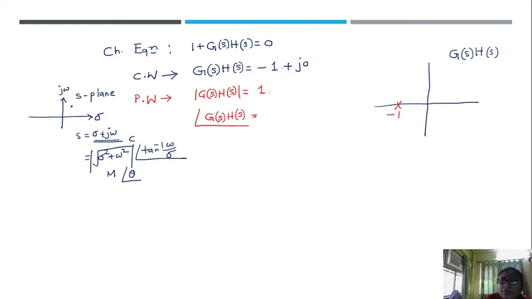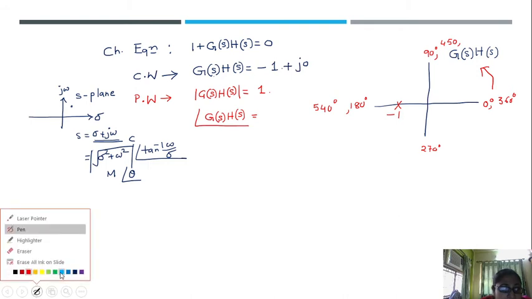Look, what is this axis? We know this axis is 0 degree, this axis is 90 degree, this axis is 180 degree, this is 270 degree. Similarly, this is 360 degree, this is 450 degree, and this is 540 degree. In this way we can assume. Here I am going in an anti-clockwise direction.